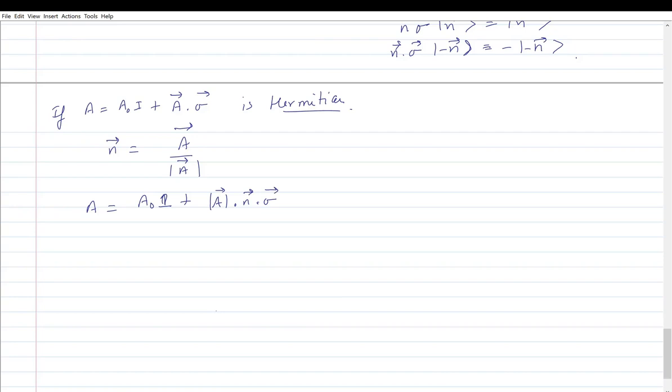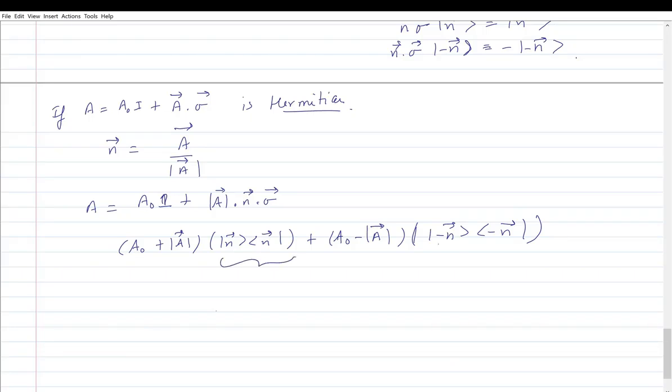So in other words, in this way, the eigen decomposition of A is going to be with these eigenvalues. So these are the eigenvectors and these are the eigenvalues.